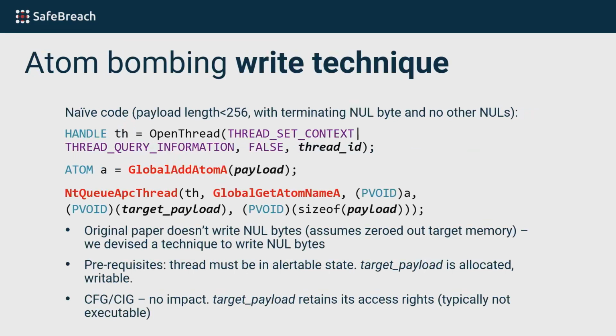Moving to the atom bombing writing technique. As we saw earlier, the full proof of concept is 1,500 lines of code, but the essence of the technique, assuming some simplifications here, like let's say the payload length is smaller than 256 bytes, and assuming that there are no null bytes in the payload except the terminating null bytes, is that what we simply need to do in the malware process is define an atom object for Windows with this payload as the content, and then using NtQueueApcThread, which can invoke any function in the target process with up to 3 arguments, we invoke GlobalGetAtomNameA.